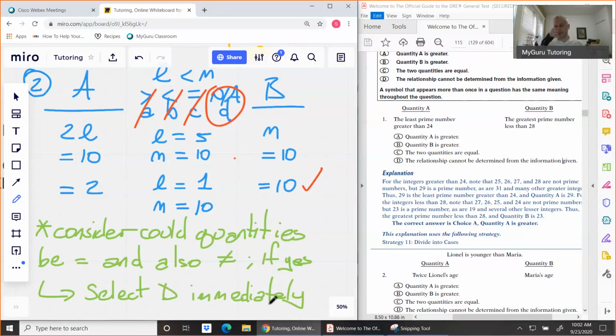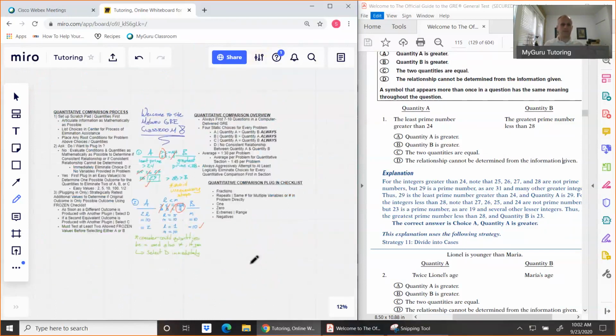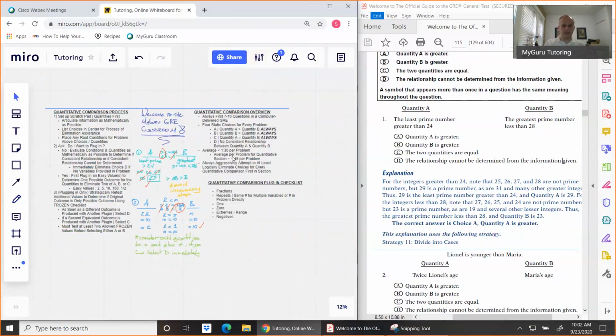Because if they can be equal but don't have to be equal, we know that we are looking at a situation that cannot be determined. So those are basically all the approaches for the quantitative comparisons. Decent little overview here using direct content from the official guide. Very likely the kind of problems that you'll see on the exam.